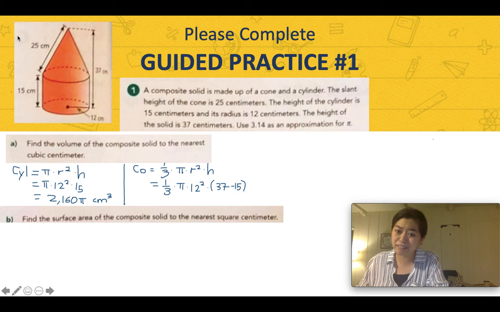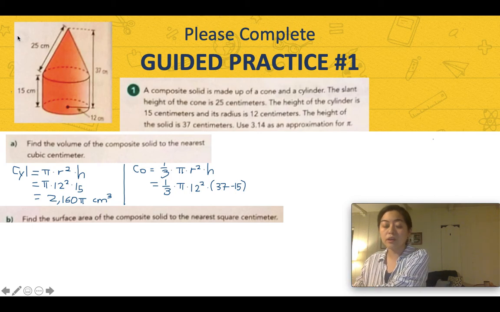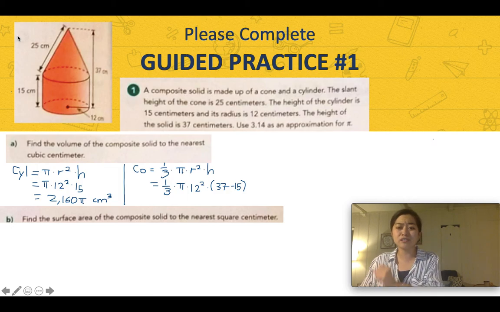I know the slant height, but it doesn't tell us the height. Remember, the height of a cone has to be a perpendicular line that goes from the center of the base of the cone to the tip of the cone, okay? And to find it, I can use the information that's given in the diagram.